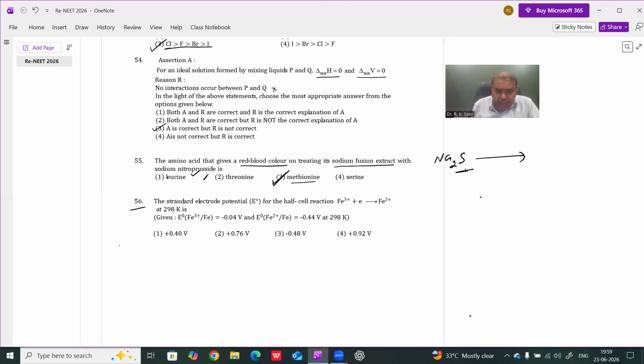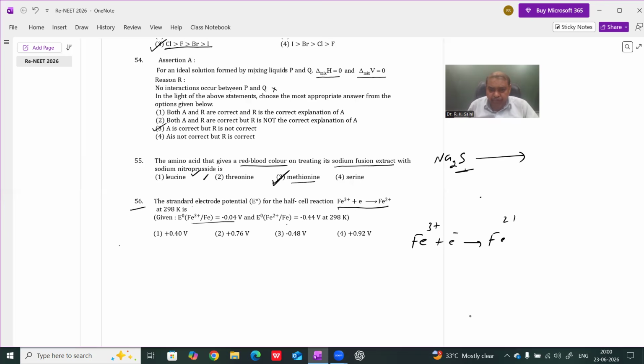The standard electrode potential of the half cell in which ferric changes into ferrous is found with the help of these two given electrode potentials. This question is taken from electrochemistry. We know that electrode potential is an intensive property, and an intensive property can neither be added nor subtracted, and hence to calculate the electrode potential we use free energy change. Our aim is to find Fe plus 3 changing into Fe plus 2.